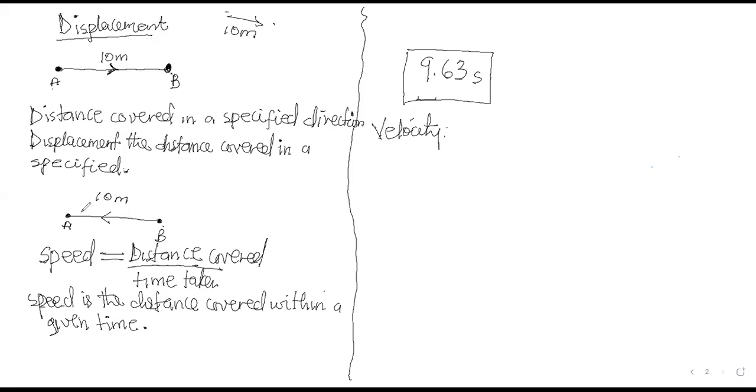So speed is distance over time, whereas velocity is the rate of change of displacement with respect to time.